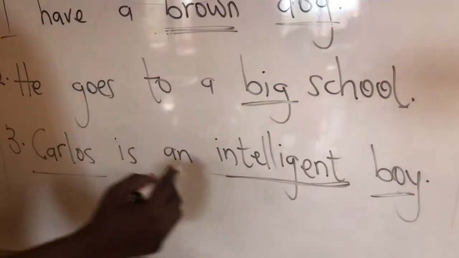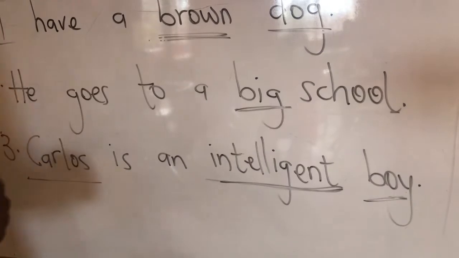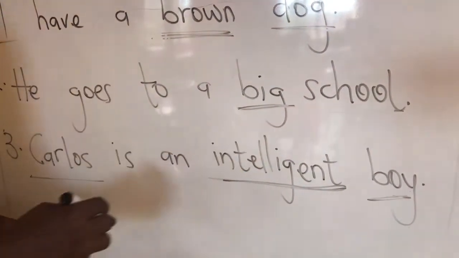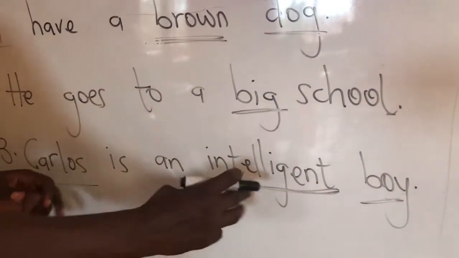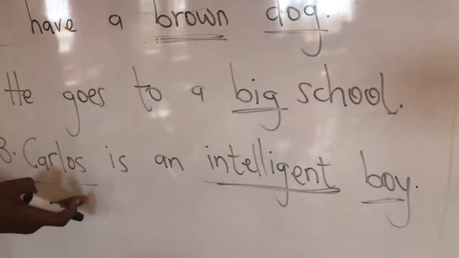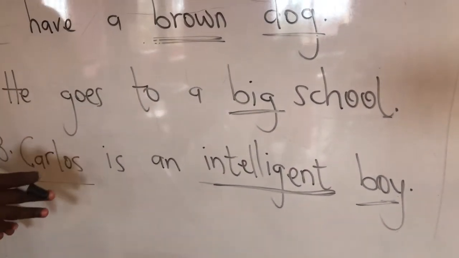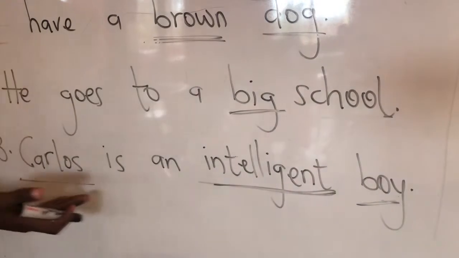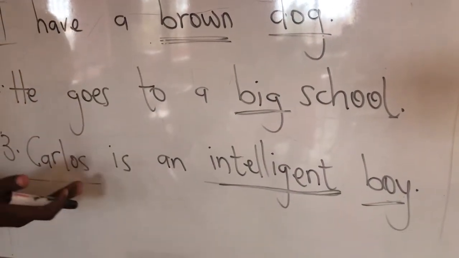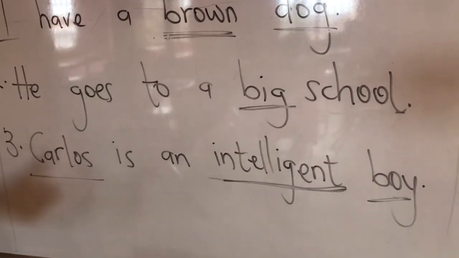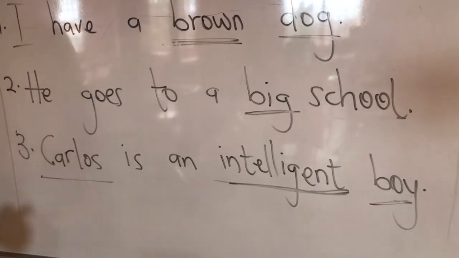This is telling you that yes, there are boys in the class, but Carlos is an intelligent boy. Intelligent is describing Carlos, how Carlos is. It's telling you who he is. I hope you understand.